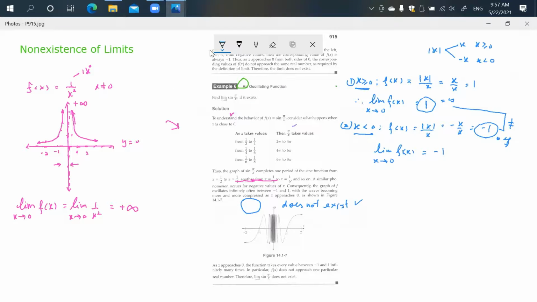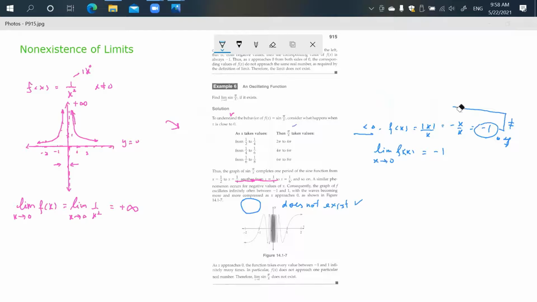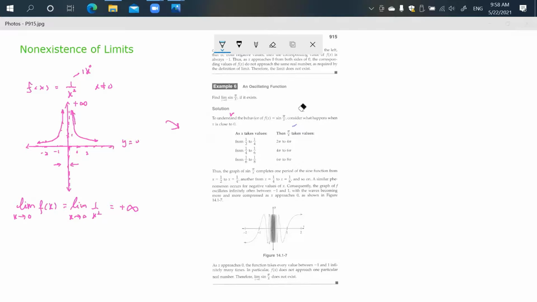Let me delete the old one. Now this third example talks about oscillating functions.